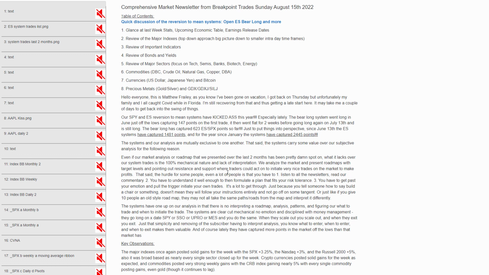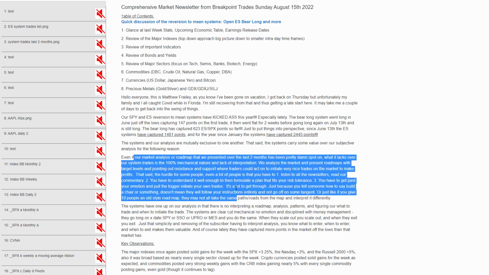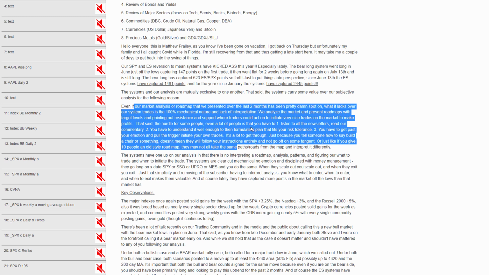We tell you when to enter, we tell you when to exit. Even if our roadmap is absolutely perfect, people still will mess it up. That's why I think the systems are valuable here.